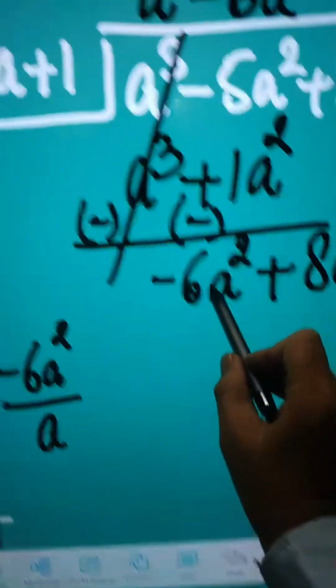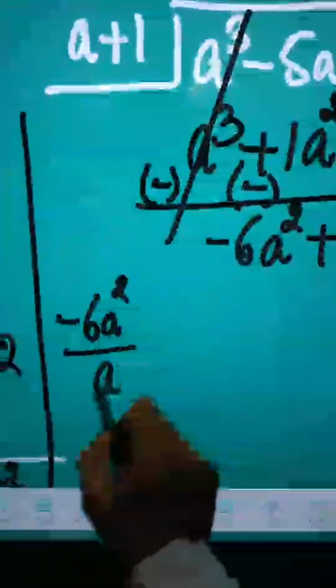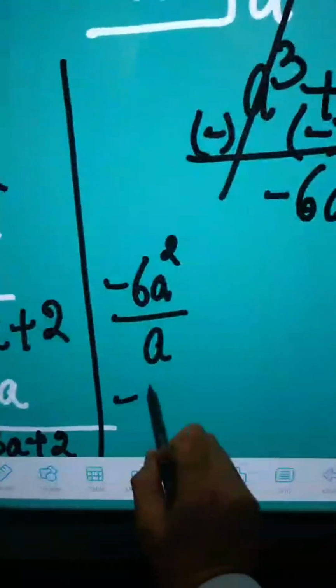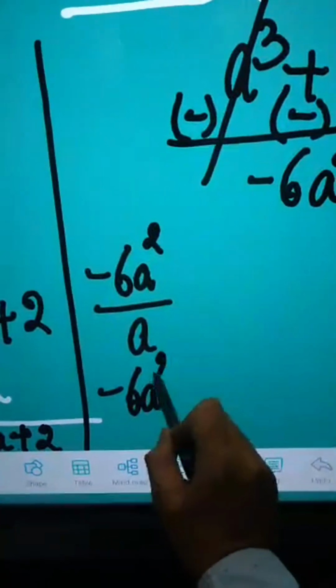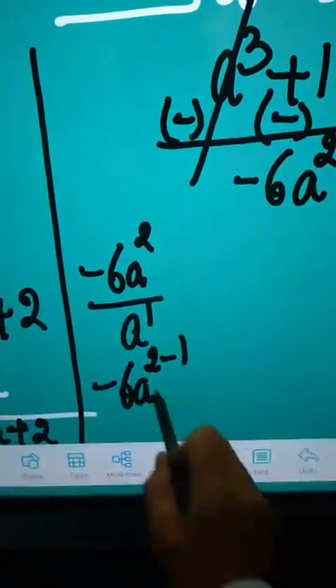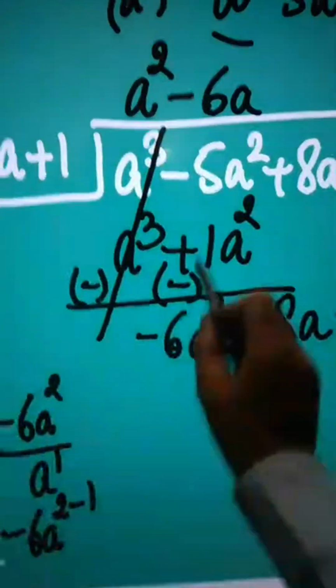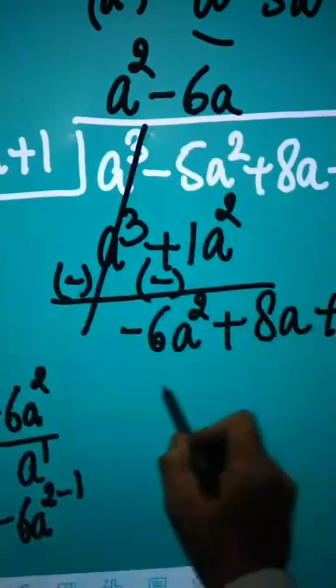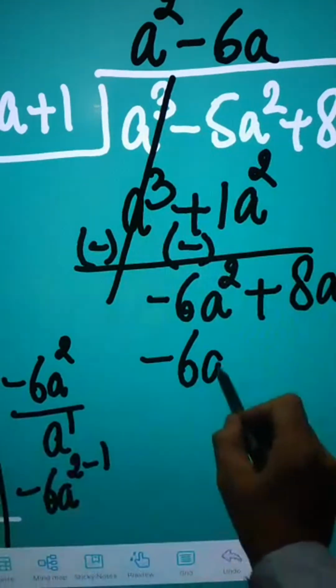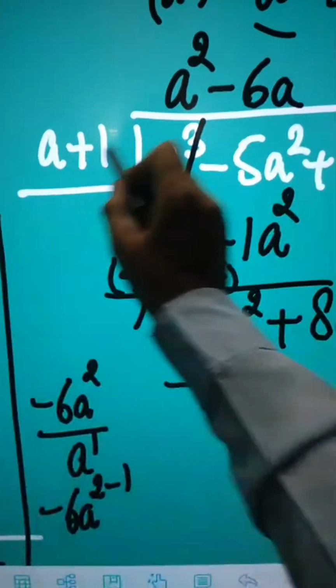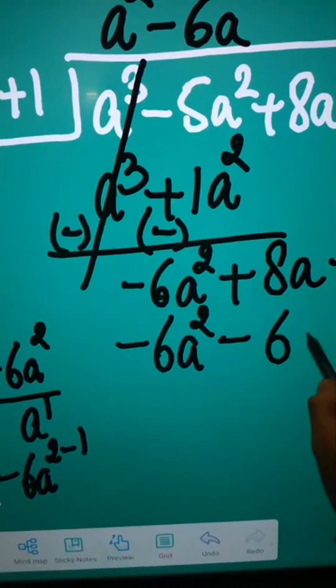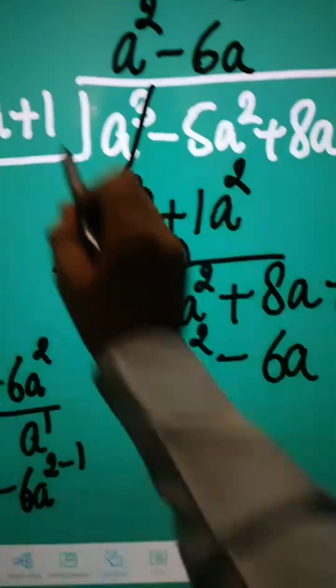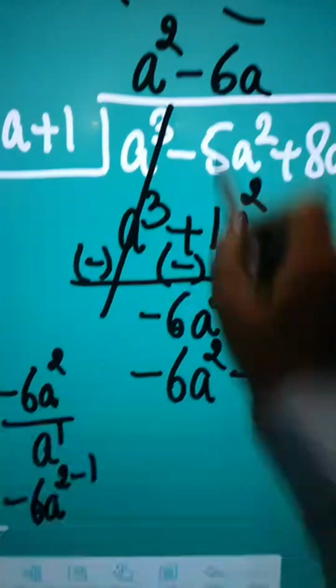The first number here divided by first number here. So minus 6a square divided by a gives me minus 6a to the power 2 minus 1. This is 1. So minus 6a will come here. Now multiply minus 6a into a is minus 6a square and minus 6a. Only two numbers are there, so two numbers will multiply this.